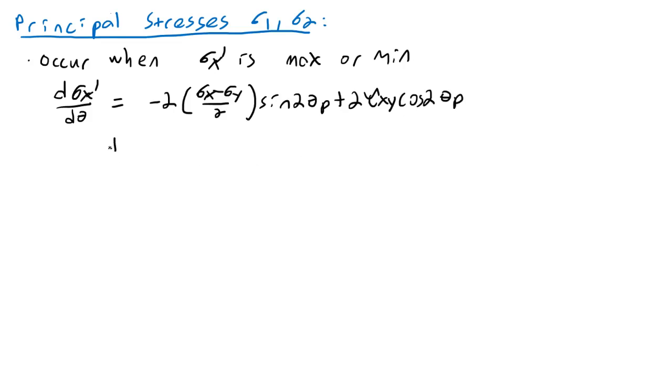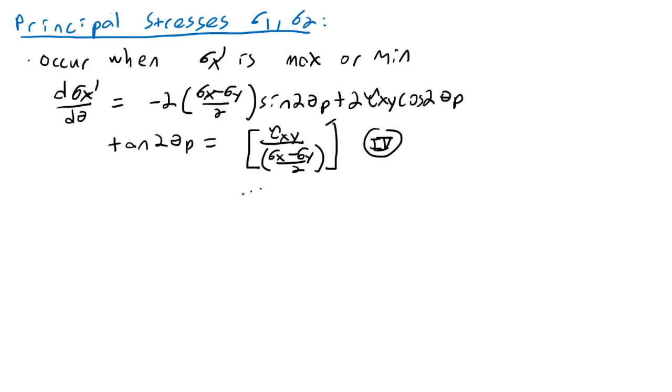and the tan of 2 theta p equals tau xy over sigma x minus sigma y over 2, and this is going to be equation 4 here.